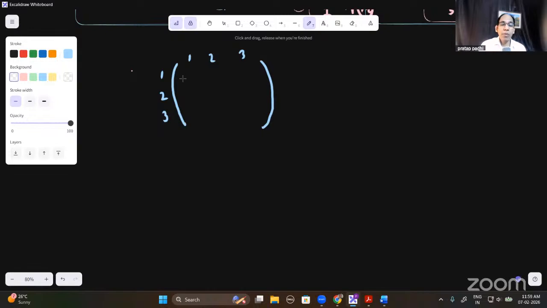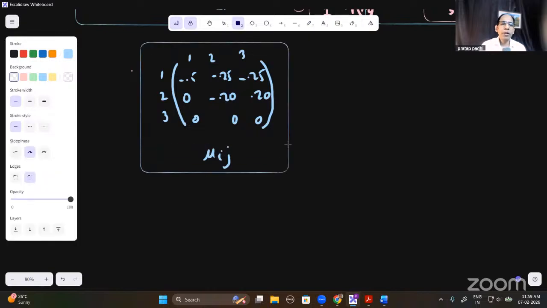I don't remember what that is, probably minus 0.25, minus 0.25, minus 0.5. This was 0, 0, 0. This is minus 0.2. This is 0.2. These are mu ij's. From mu ij's, I'll try to get p ij's. These are p ij's.